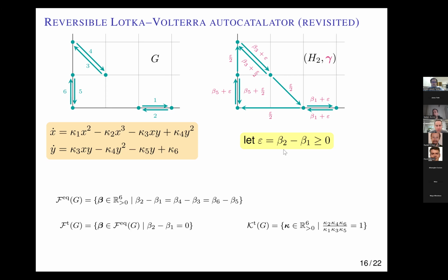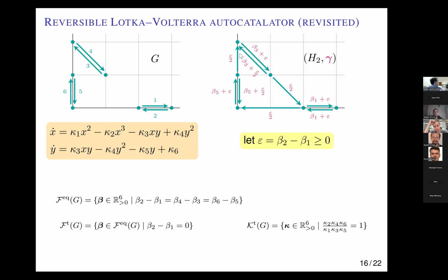So assume now that indeed beta 2 is larger than beta 1. The difference I denote by epsilon. With that, if I take these flux values on my auxiliary graph, although they look like betas and so on, imagine these are gammas. So the gamma here equals, for example, beta 3 plus epsilon.